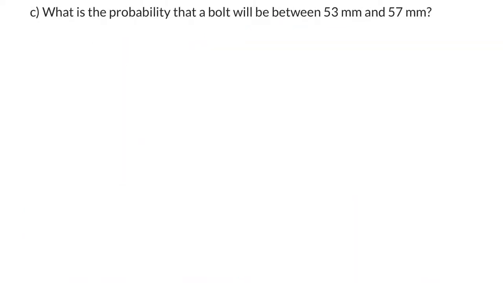So the other type of problem you might have is figuring out the probability that your value is between two different numbers. So for the same bolt scenario, what is the probability that a bolt will be between 53 and 57 millimeters?